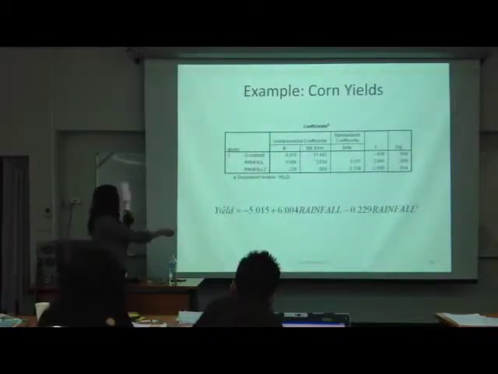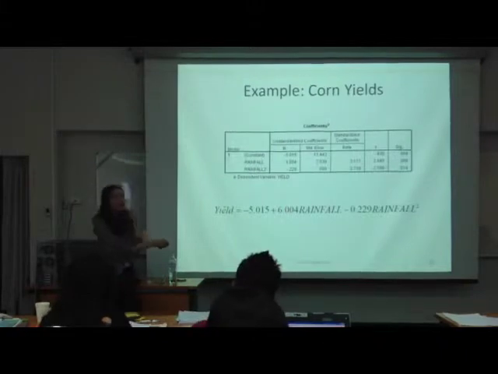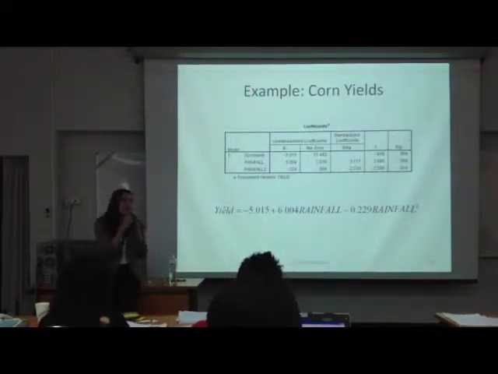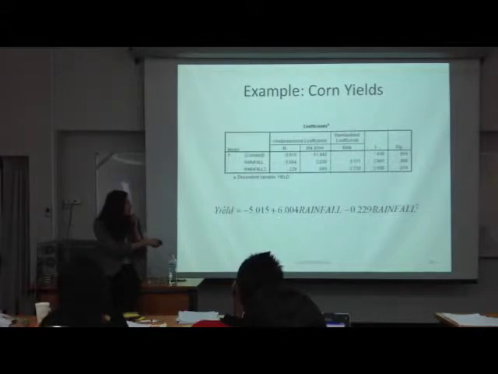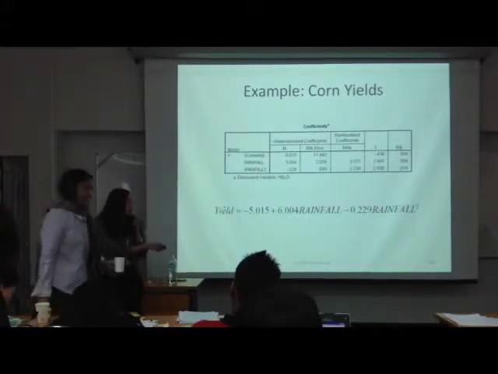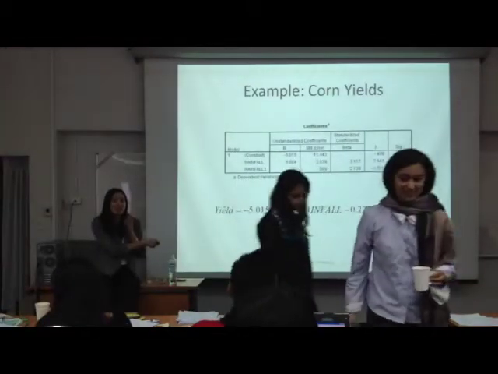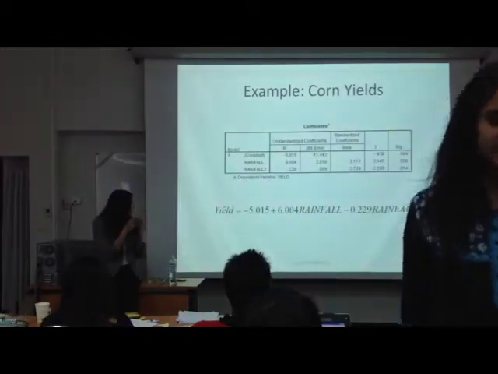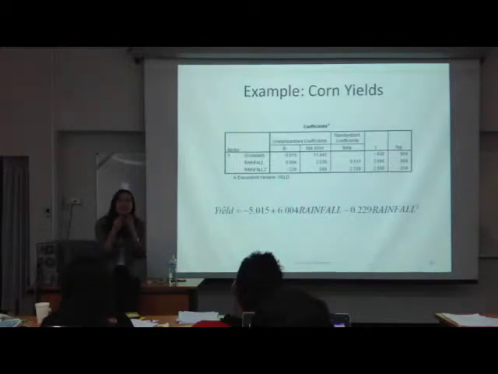But should you interpret this B0? Does it make sense to interpret this B0? To interpret this B0, you would say that the average corn yield when rainfall is equal to 0 is about -5 on average.